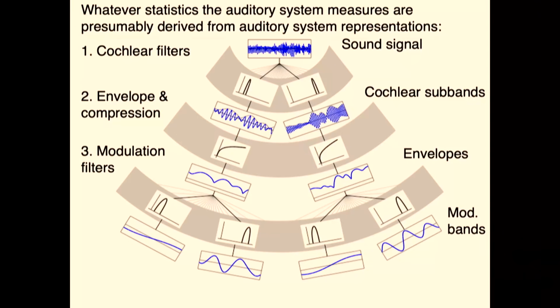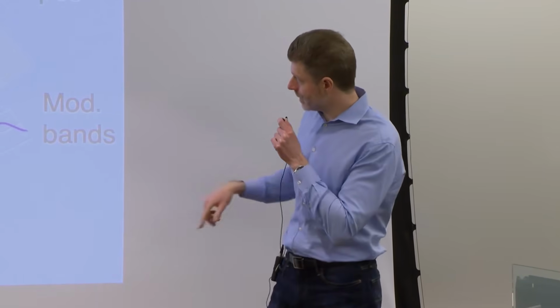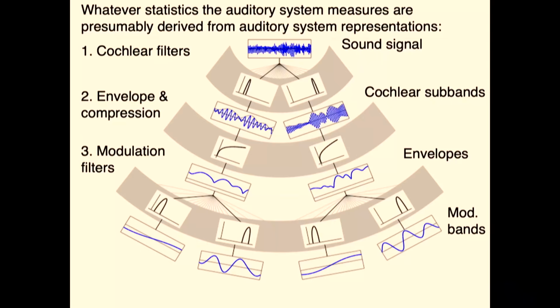There's a bank of bandpass filters that mimics the frequency selectivity of the cochlea. We then often think that there's a process of extracting the amplitude envelope. There's compression that happens in the cochlea. And then there's often thought to be a second set of filters called modulation filters that operates on the envelope of the cochlear filters. Okay? And the output of that are what you might call modulation bands.